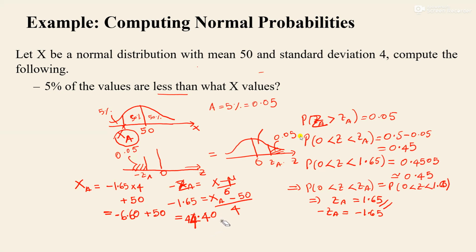So the X value, if you want 5% of the values to be less than X, should be 43.40.